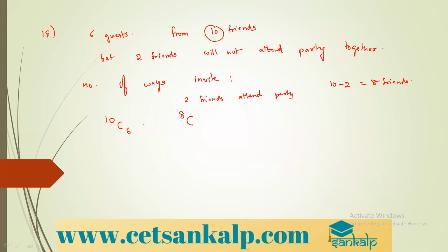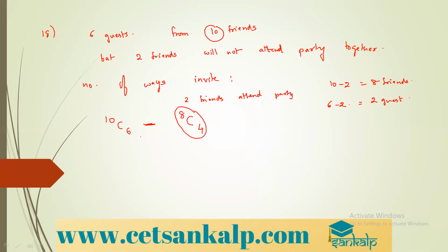From 8 friends, because 2 friends are already guests, the number of guests she has to select is 6 minus 2, 4. So if 2 friends attend the party, she can select in 8C4 ways. But because they are not attending the party together, you have to subtract this case. And in this way, you will get the answer.